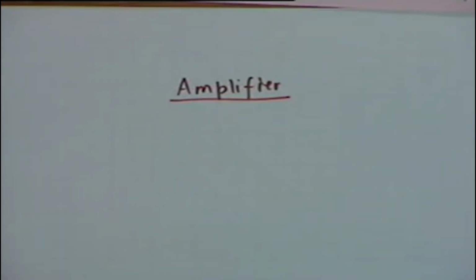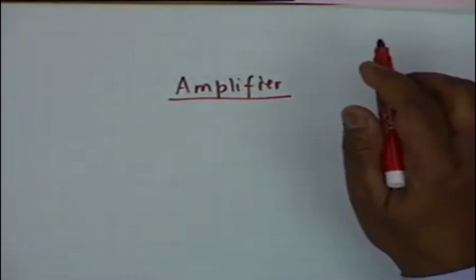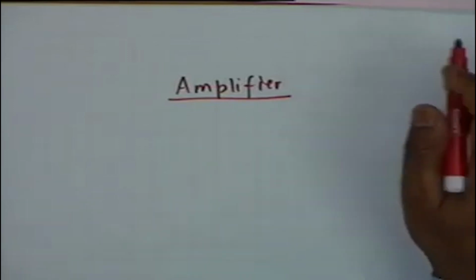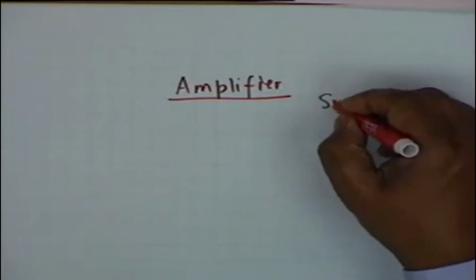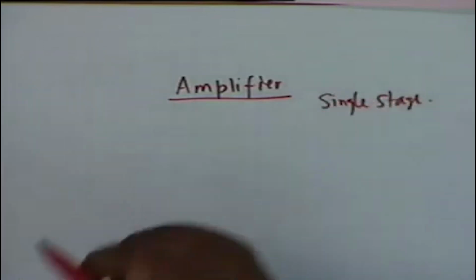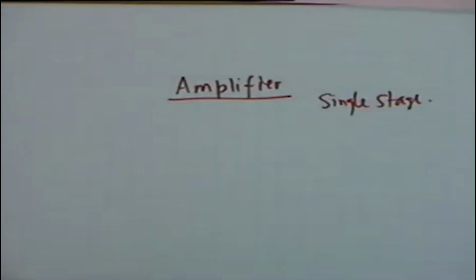clarify a couple of concepts, couple of terminologies that are used in connection with an amplifier. Amplifiers can be single stage or multi-stage. That is, if you use one transistor and around it you introduce resistors and power supply to get some amplification, one stage, that is one device, that is called a single stage amplifier.